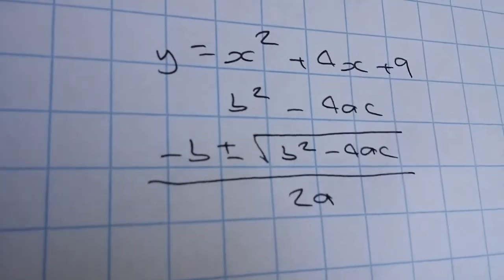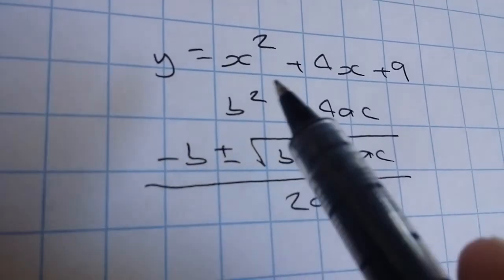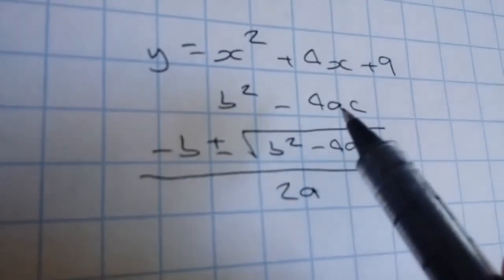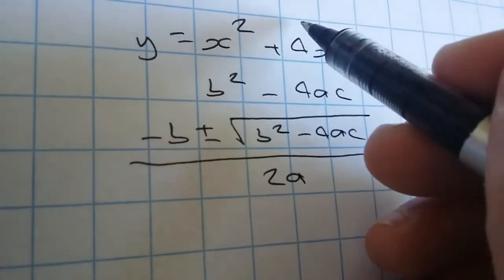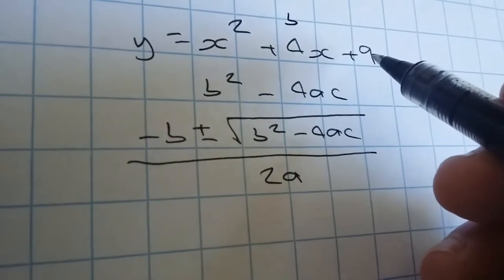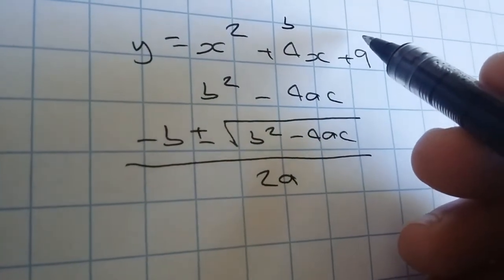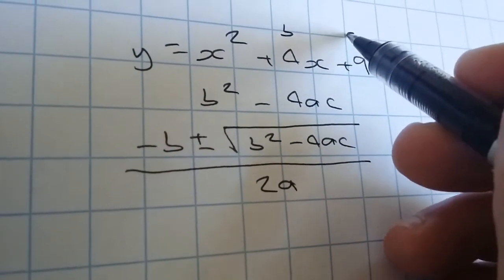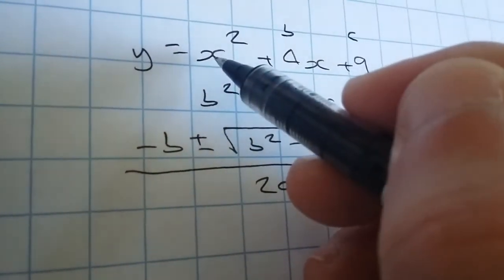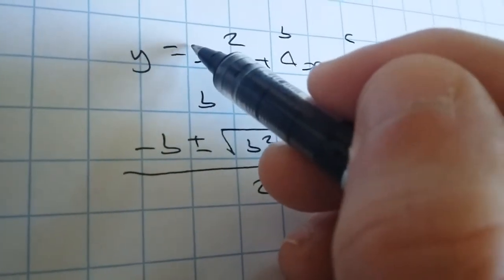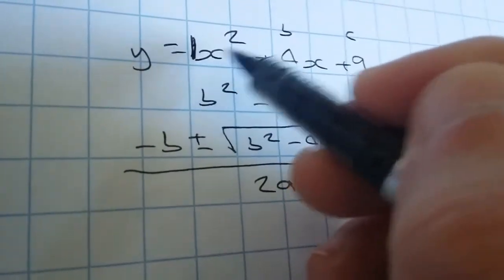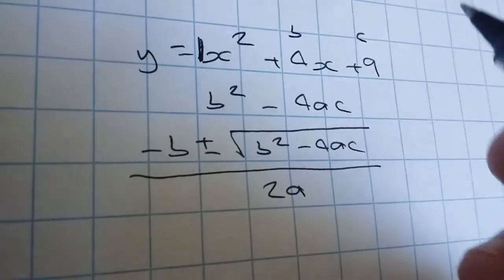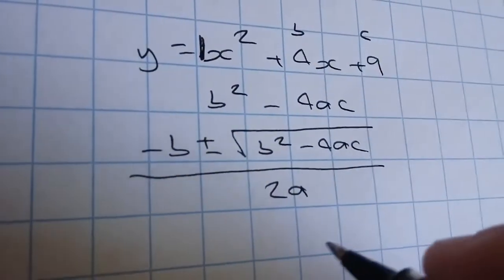Here I've got question 10, and it asks you to work out b squared minus 4ac. Well, b is the term that goes with the x's, so b is 4. C is the number that's on its own, so that's 9, and a is the coefficient or the number that goes with the x squared, so in this case it's 1, that invisible 1 that mathematicians never bother to write in algebra.